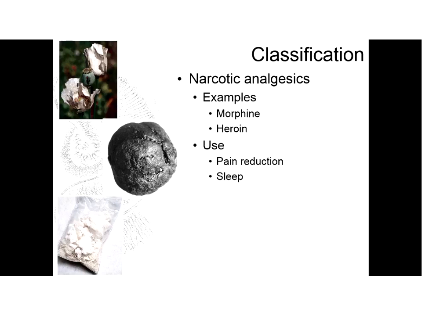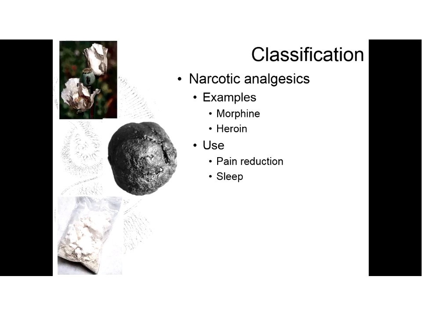Heroin is like morphine, amazing in reducing pain, but it's more soluble in fats. So heroin is able to cross through those phospholipid bilayers and get through the blood-brain barrier quicker than morphine is.